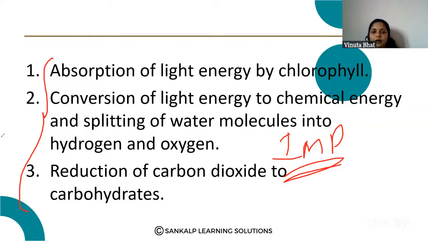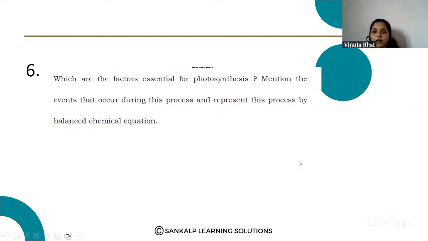And next question is, represent this process by balanced chemical equation. So you should write the balanced chemical equation for this question.